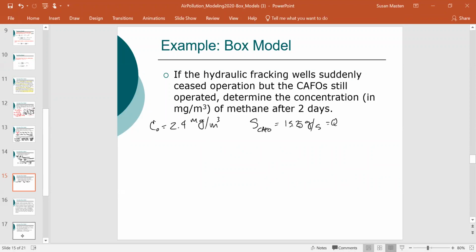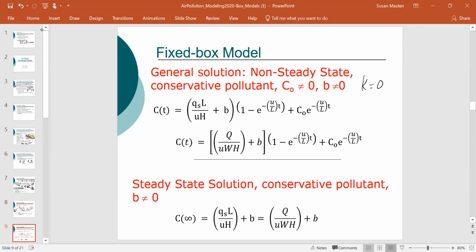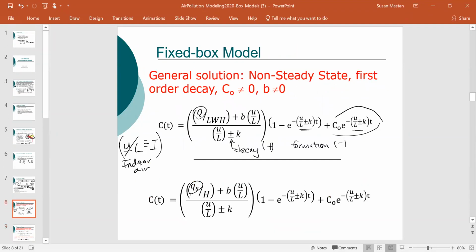We can go back to, let's look at equations. Okay, what do we have here? Okay, so we have a non-steady state solution, and we have first order decay. We have a C naught term, and we have a B term. So this is the equation we're going to use.